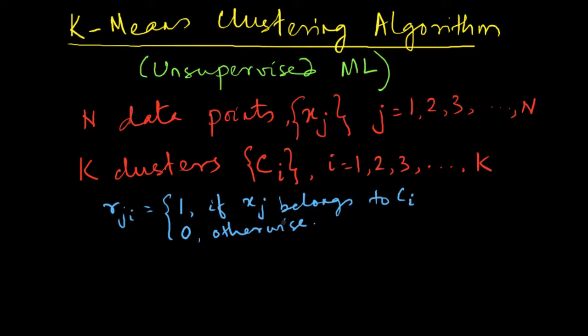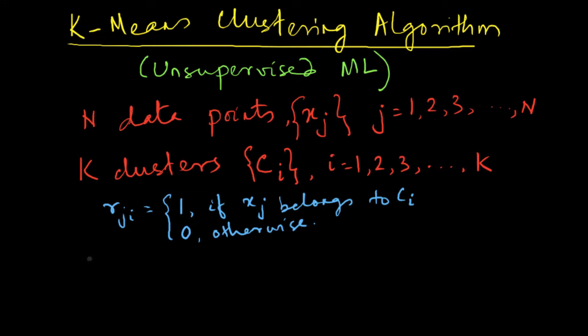Now what we need, something like what we did for the supervised learning algorithms, is a loss function which needs to be minimized, right? In the supervised learning algorithms, be it logistic regression, support vector machines, or artificial neural networks, we always had a cost function which needed to be minimized. Similarly, here also we need a cost function for the K-means clustering algorithm.